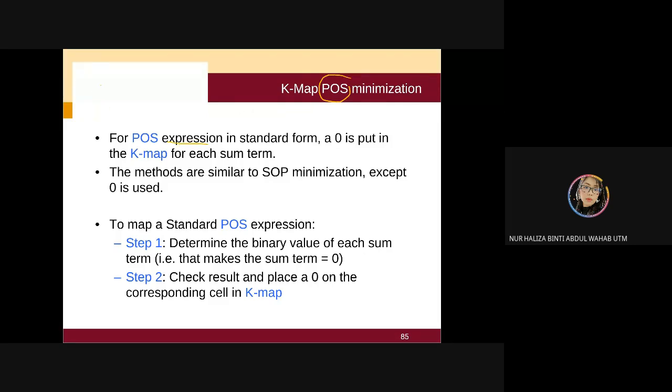Instead of sum of product, you're going to have, for example, F equal to A plus B, multiplied by B plus A bar. This is the expression that you need to remember under POS, and the thing you need to refer to is the zero output. That is the only difference.